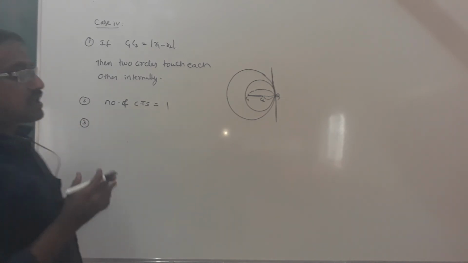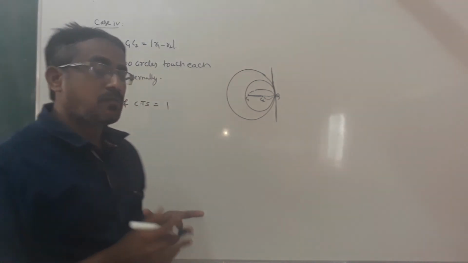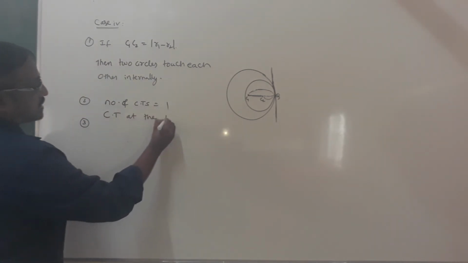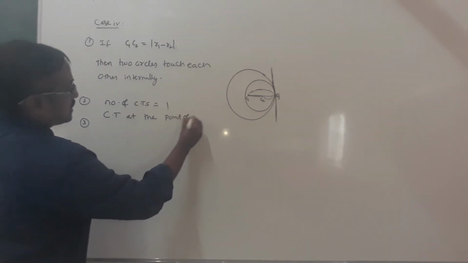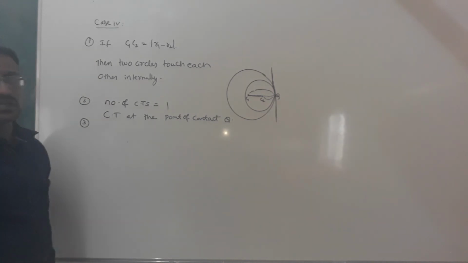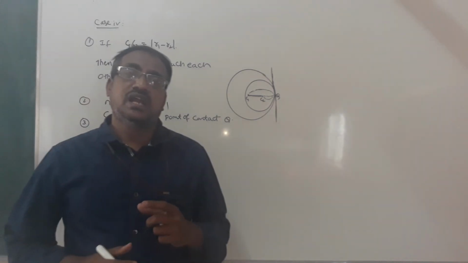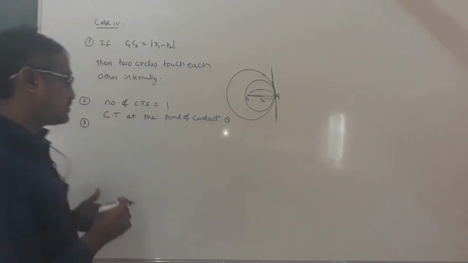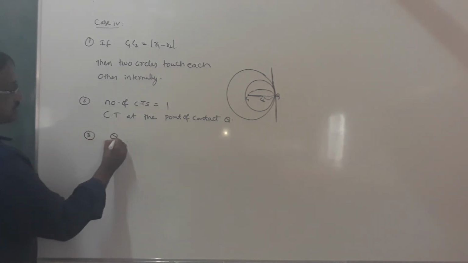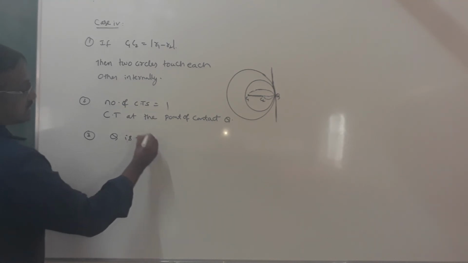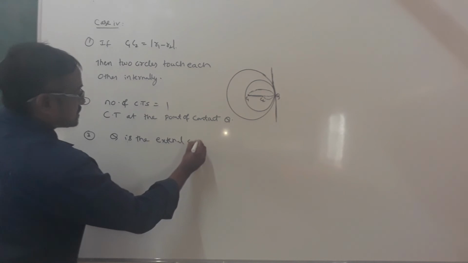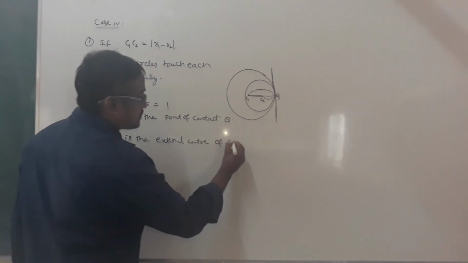That is the common tangent at the point of contact. What is the point of contact here? It is Q, which is the external center of similitude.